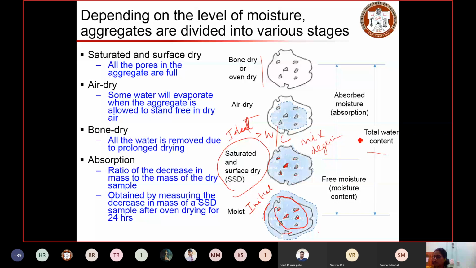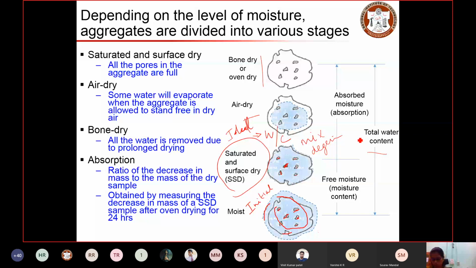And if you want to know the free moisture content, the free moisture basically indicates the extra water present in the aggregate after filling the pores. That is basically the water present on the surface. So the difference between these two will give the free moisture present in the aggregate.